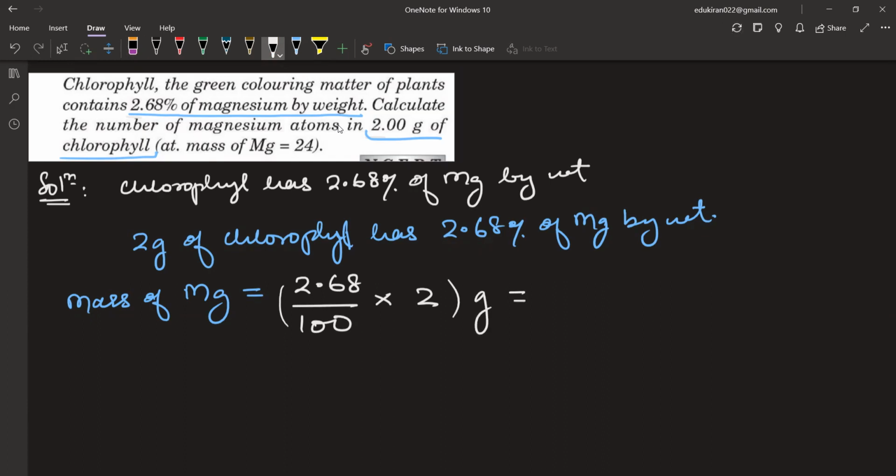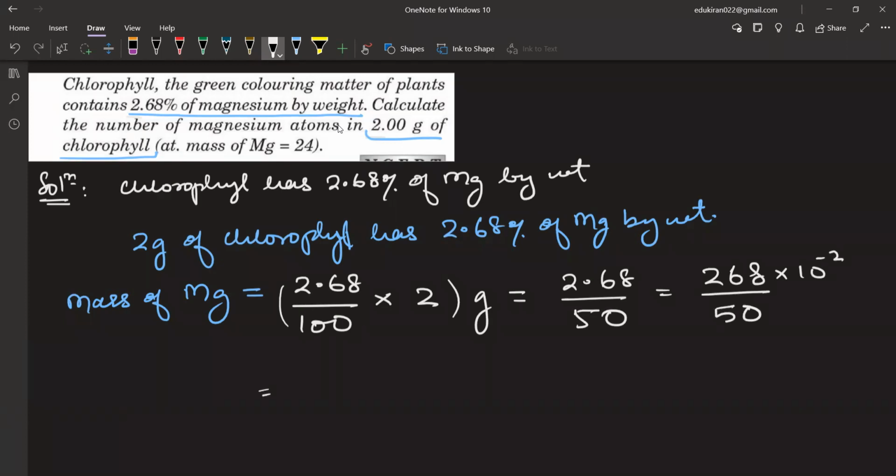This will be equal to 2.68 upon 50, which is 268 into 10 to the power minus 2 upon 50.